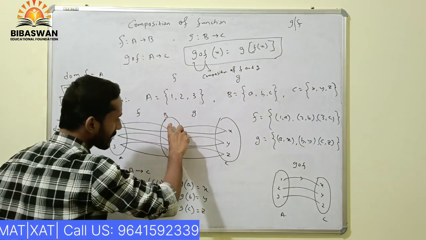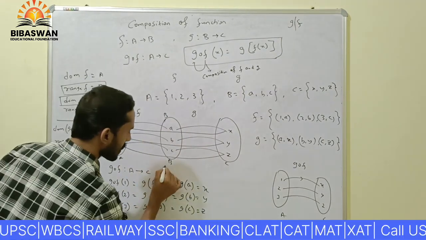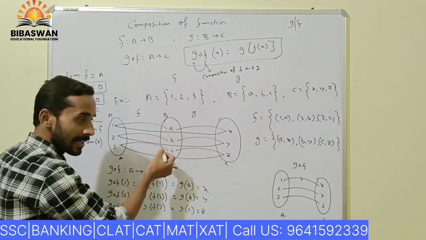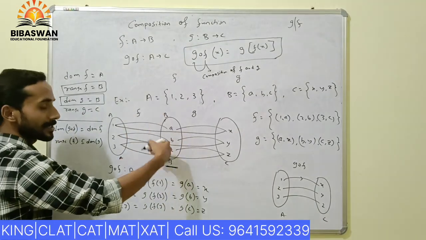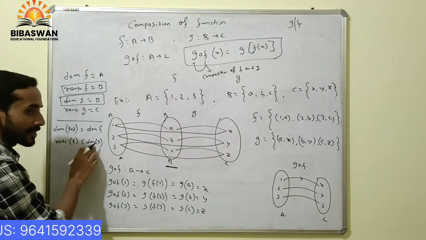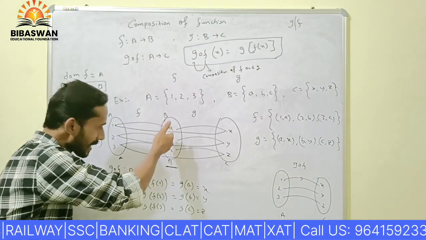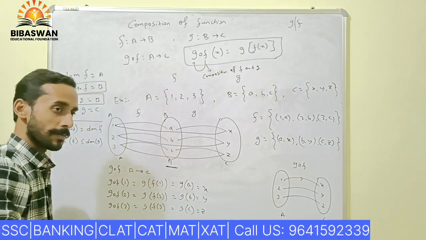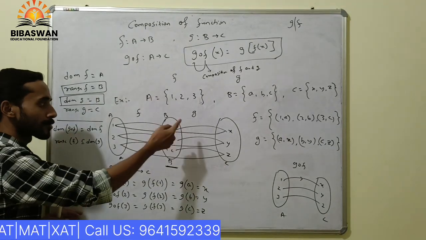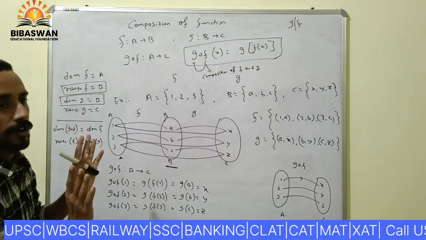B. So range of F should be under the domain of G. So this thing applies: range of F is always a subset of domain of G. Why subset? Not necessarily equal. There are some other elements also, but which element belongs to range of F also belongs to domain of G. Otherwise this whole system does not work.